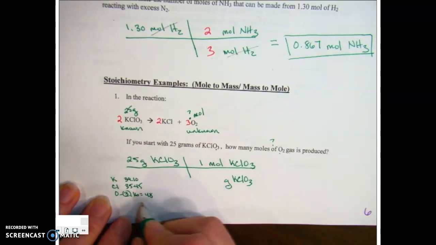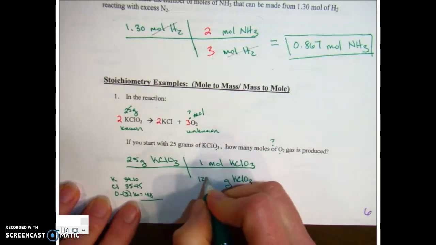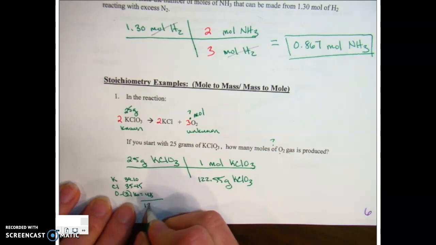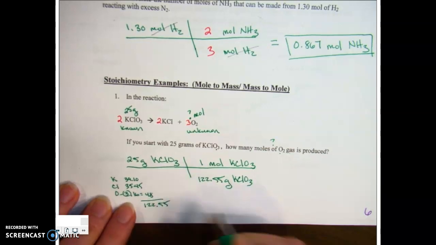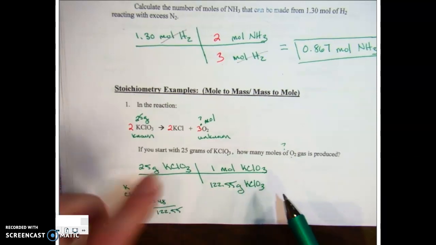You add those together and you get 122.55 grams of potassium chlorate. This should be 122.55. If it asks me for moles of potassium chlorate, I'm done, but it doesn't.